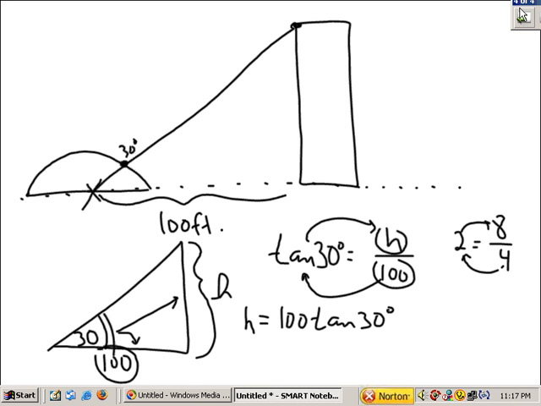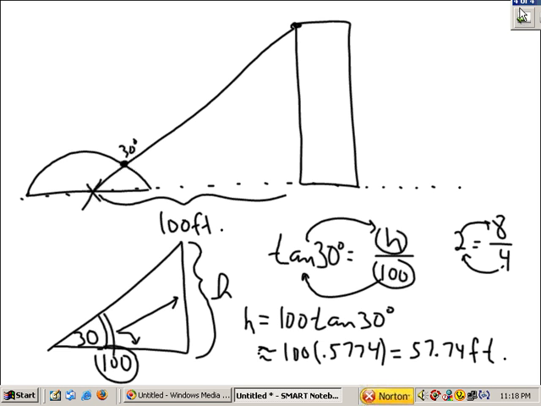You take your calculator and compute the tangent of 30 degrees. Approximately, to four decimal places, that's the number, and 100 times that is 57.74 feet.